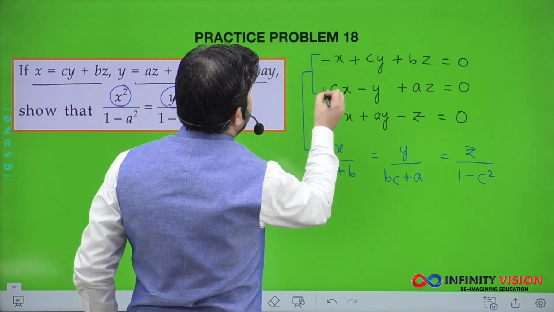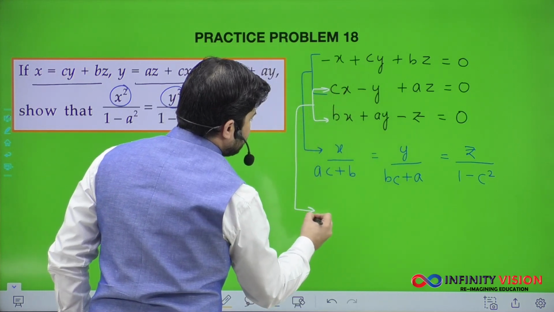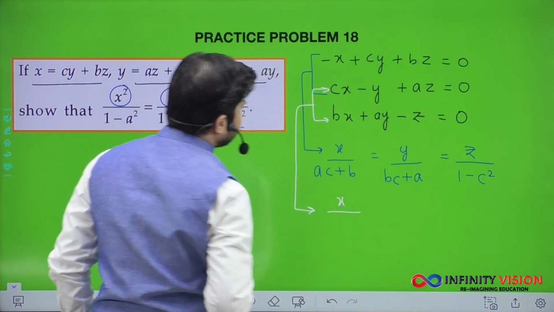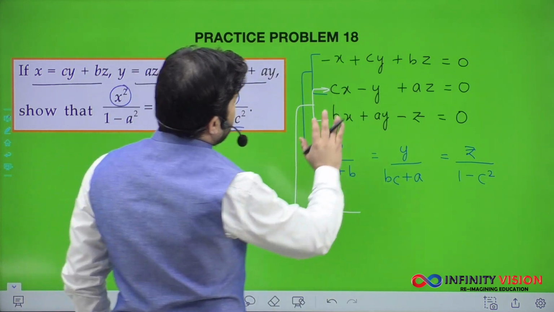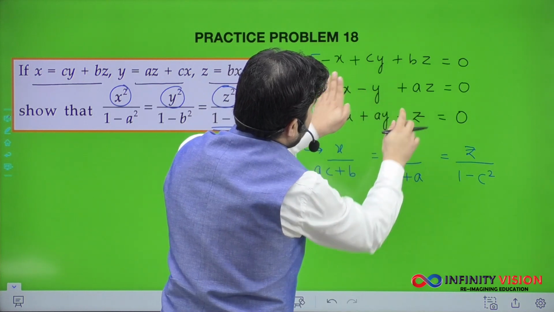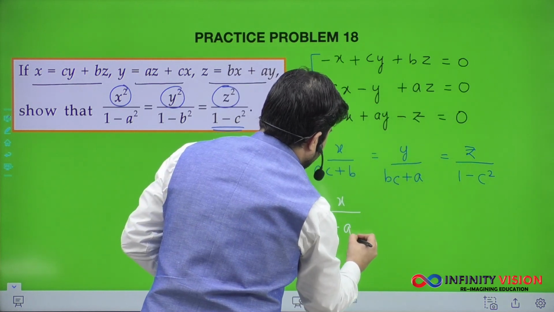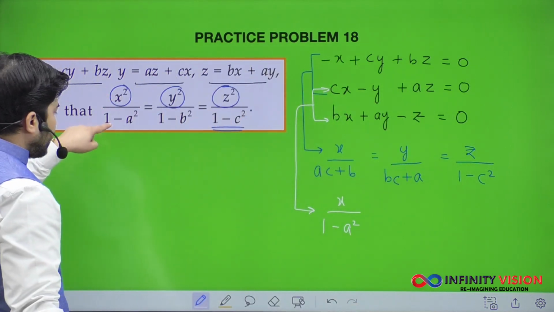Let's look at these two. So I'll just write x upon, I'll just hide the terms for x. So minus 1 into minus 1 is going to be plus 1 and minus a square. So here we have x square upon 1 minus a square.